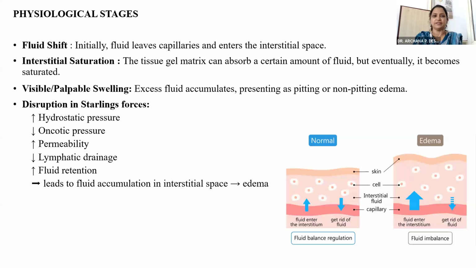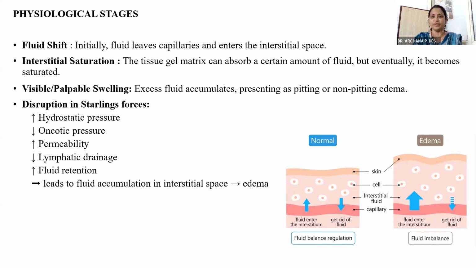Whenever there is a disruption in the Starling forces, we can see in the diagram here the normal and edematous conditions in our body. In the normal condition, the blue arrows indicate how the hydrostatic pressure and the oncotic pressure act, and both pressures are important.